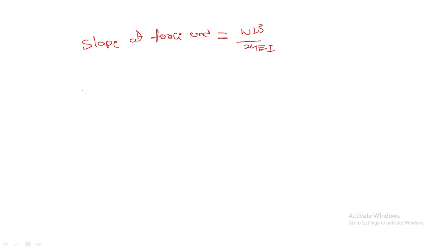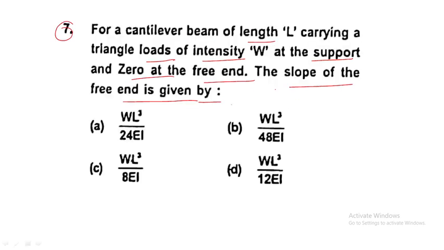But the deflection at the free end is W into L raised to 4 divided by 30 EI. This one you have to remember. So A is the answer for this question.